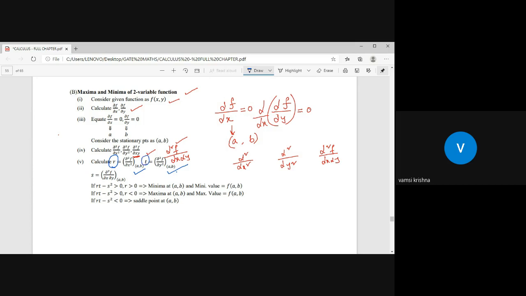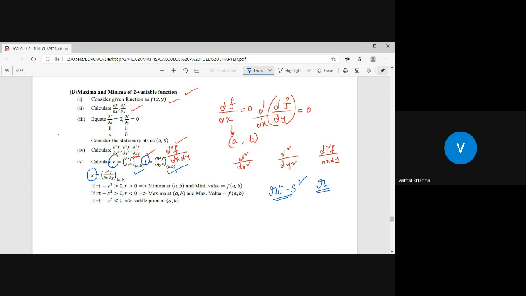And dou square f by dou x dou y at the stationary point a, b will be s. When r, t, s are ready, calculate r t minus s square, and you also have r, and compare these two things.